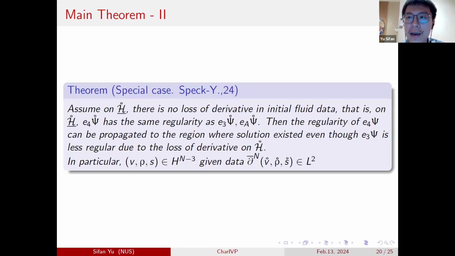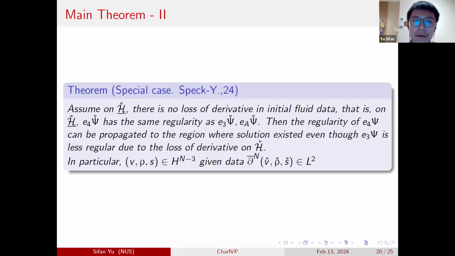Then I can propagate my regularity as well. That is worth mentioning because in this setting, E3 of psi is a transversal derivative on H, on which you lost derivatives at the level of initial data. But I can still propagate the regularity of E4 psi and E_A psi, despite that E3 psi is less regular.